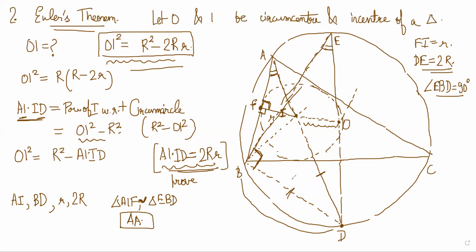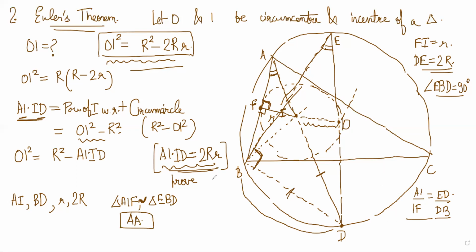Then AI by IF will be equal to ED by DB. Why? AI is the side opposite to 90 degrees, and similarly ED is the side opposite to 90 degrees, and IF is the side opposite to angle A, and BD is the side opposite to angle A, right?